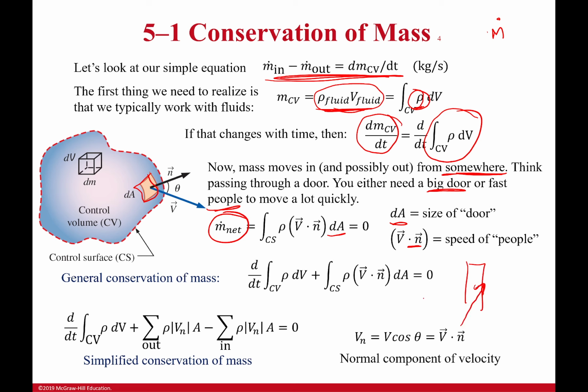That makes sense. If they're walking at an angle through the door, it takes them a long time to go through it. Now let's look at this from above just so you can kind of see what I mean. This is the fastest way to go through a door. This is not the fastest way to go through a door. So we only care about the normal component of velocity because that's the component that's actually pushing people through the door.